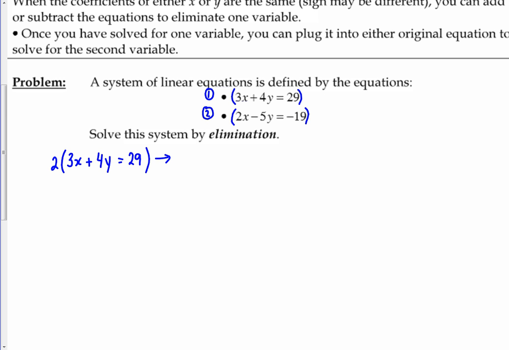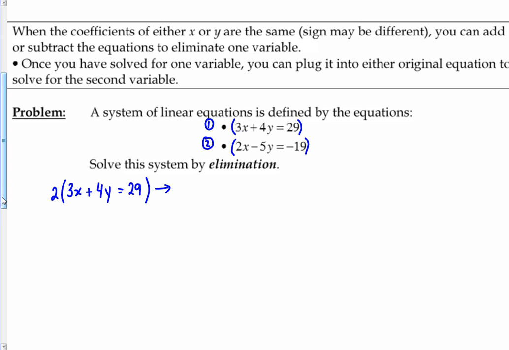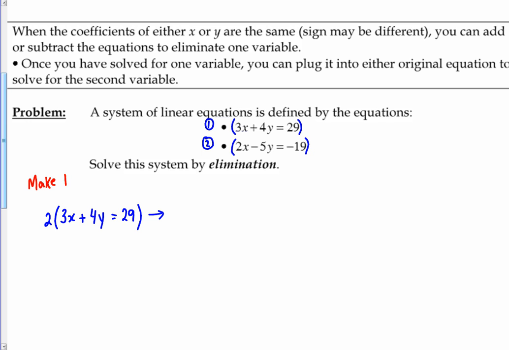I should write that step out maybe, because it's the first time we're doing this. Let me move this down a little bit. We make the coefficients of one variable the same.